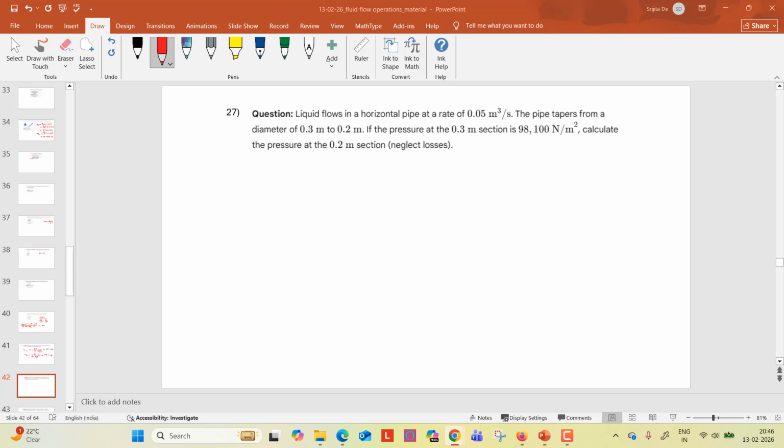So V1 is 0.05 by pi into 0.3 square by 4, equals 0.707 meter per second.